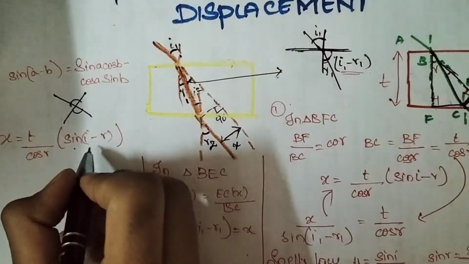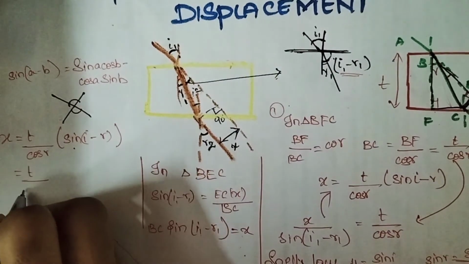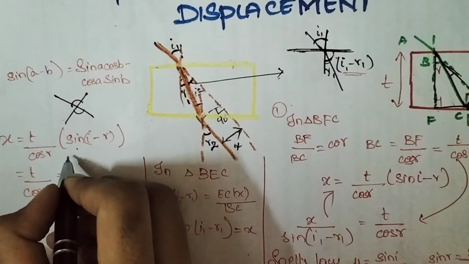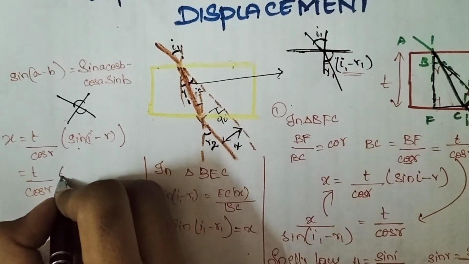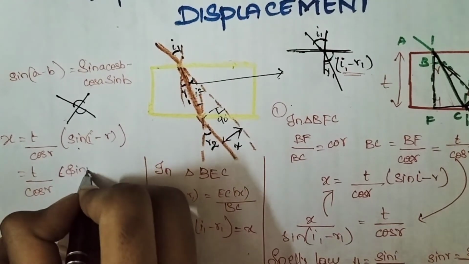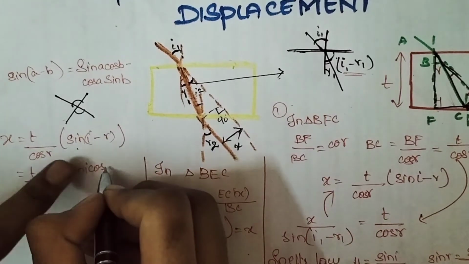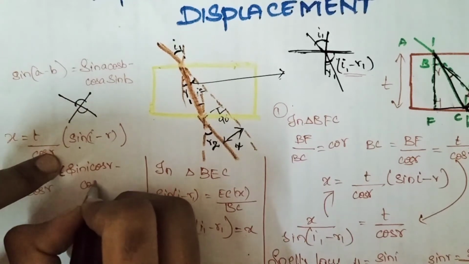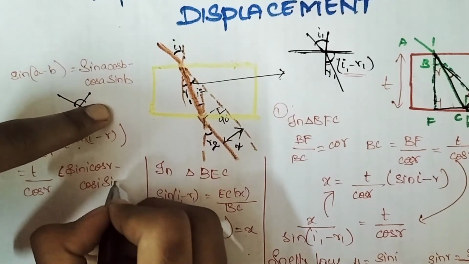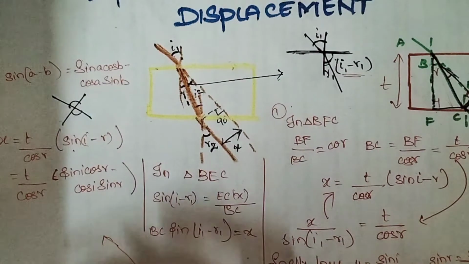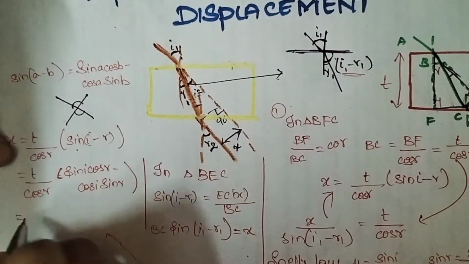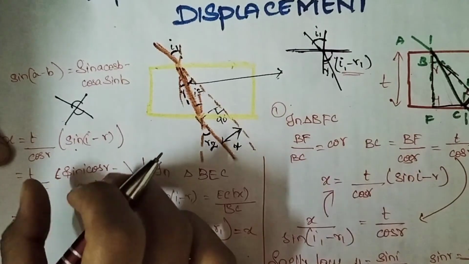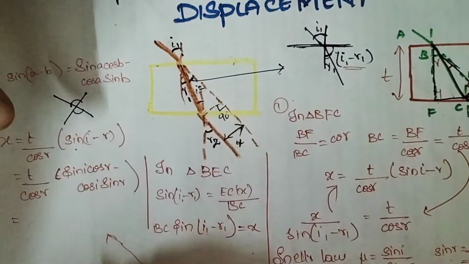Now, how can you write this? t by cos r, bracket, sin i cos r minus cos i sin r. Clear? Then we have to convert everything in terms of i, that is the incident angle.